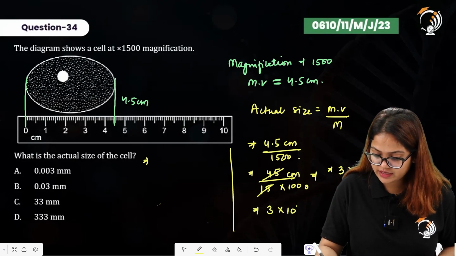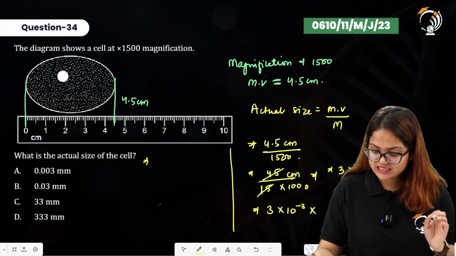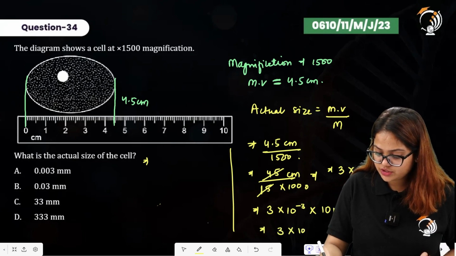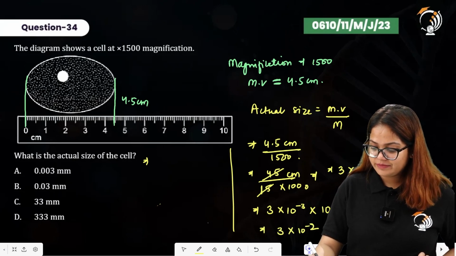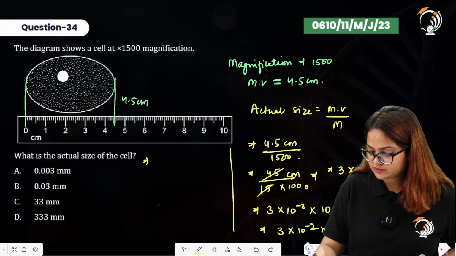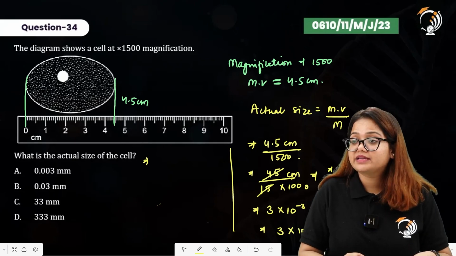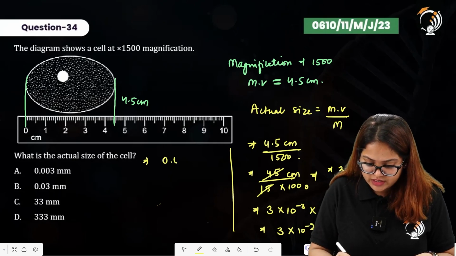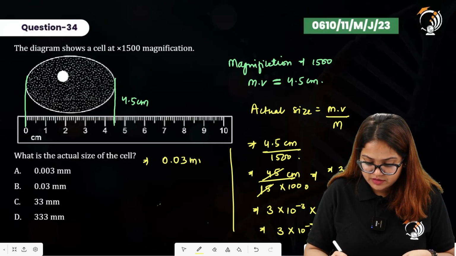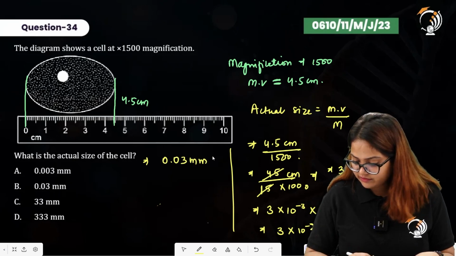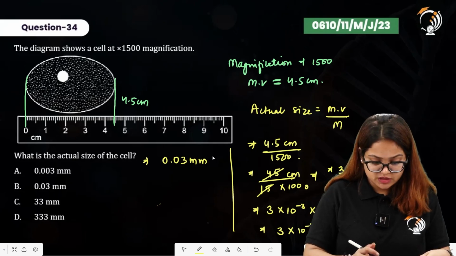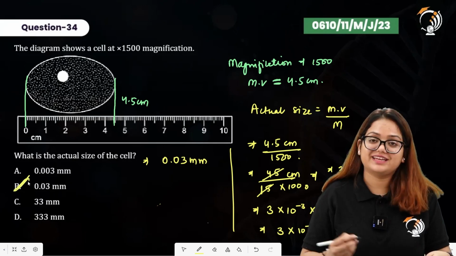So 1 centimeter has 10 millimeter, so 3 into 10 to power minus 3 into 10 millimeter, this comes out to be 3 into 10 to power minus 2 millimeter, and by that you can solve that this is going to be 0.03 millimeter as an answer. All right, and we have got the option 0.03 millimeter as option B. So B here is the right answer.